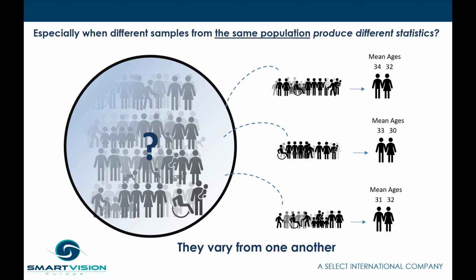And that's a problem for us because we'll never know the true parameter value. It's a kind of unknowable thing. And furthermore, when you take a sample, they vary from one another, and the reliability of the sample may vary depending on how representative it is and how big the sample is that you take, how many records you have within it.